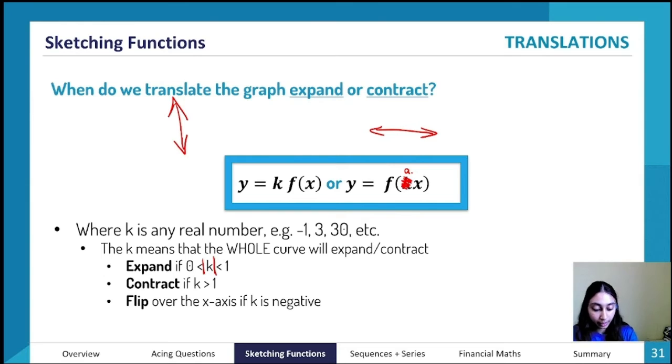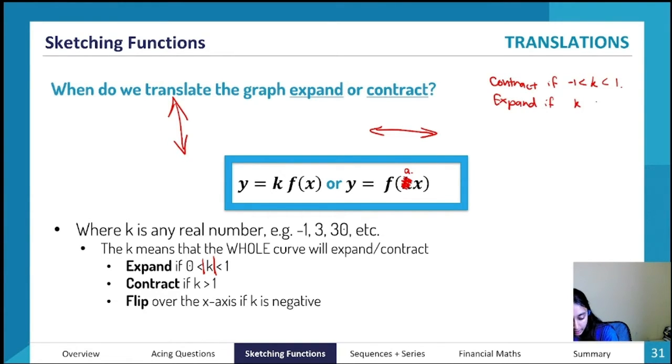So let's go through this. Okay, a can also take up any number, and it will expand or contract the curve using the x sides and not the y sides. It will contract if a is greater than 1 in absolute value, and expand if the absolute value of a is between 0 and 1, I'm going to write it as -1 to 1.